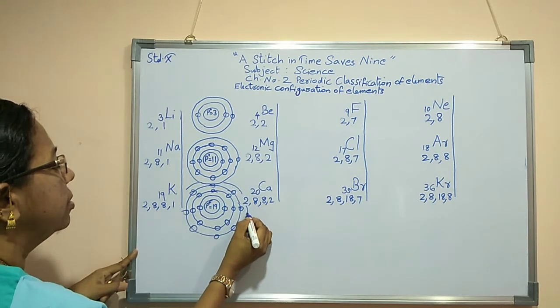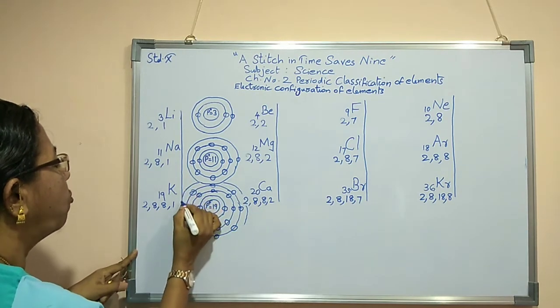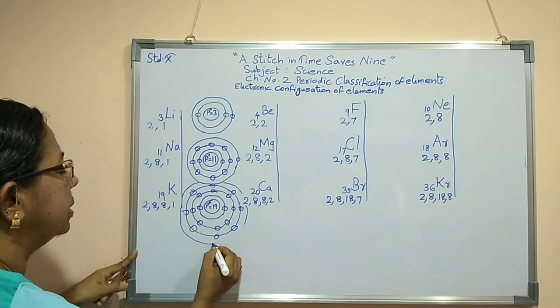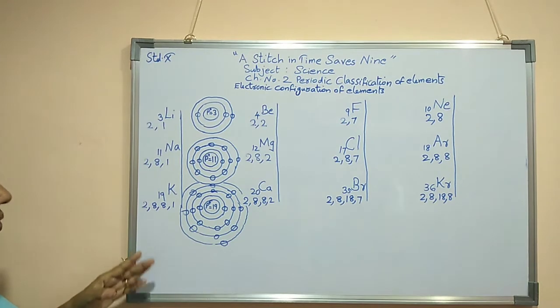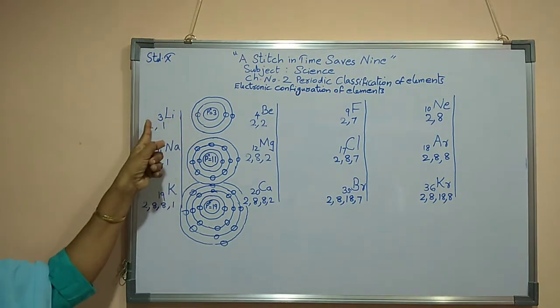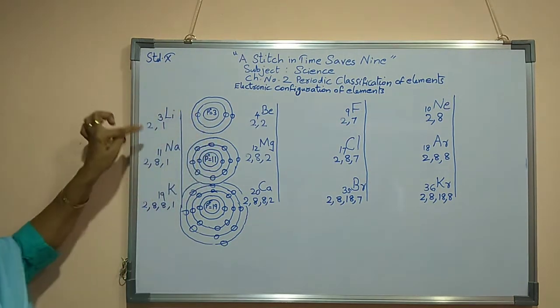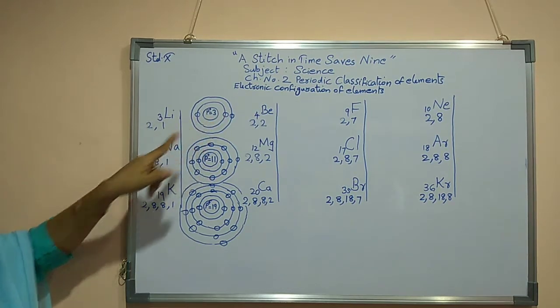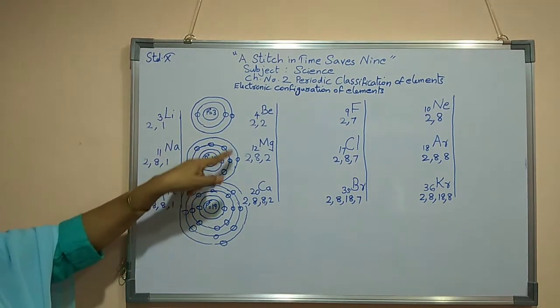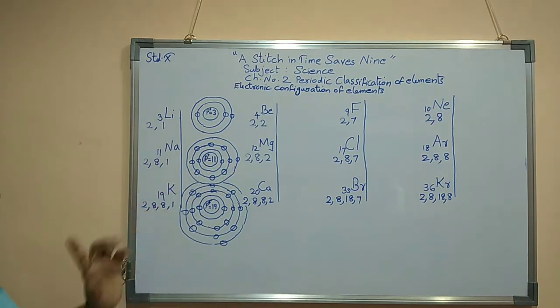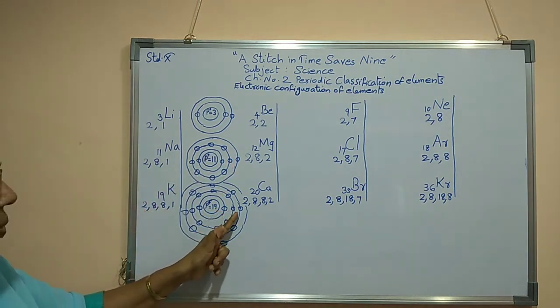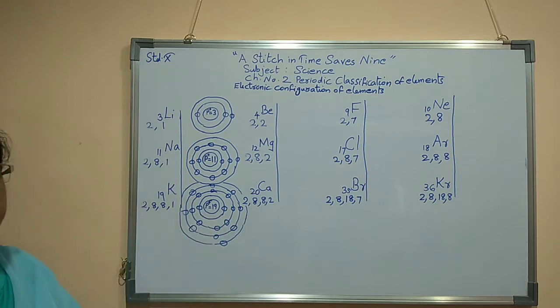That means potassium has 4 orbits. Then the last orbit has 1 electron. So here you see, in the case of lithium it has only 2 orbits that I drew here. Sodium has 3 orbits, 1, 2, 3. Then potassium has 4 orbits, 1, 2, 3, 4 orbits.